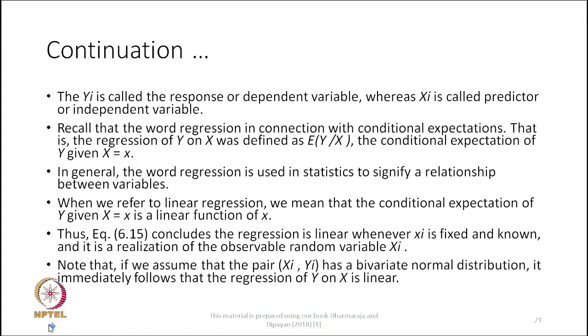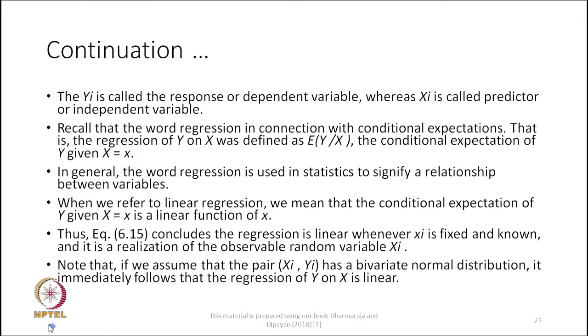That is basically used in statistics to signify a relationship between the variables. When we refer to a linear regression, we mean that the conditional expectation of y given x is a linear function of x.